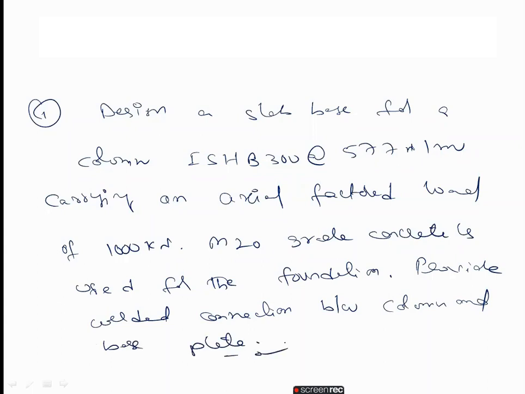So my dear students, if you observe this problem, we have to design a slab base for the column size. They have already given the designation, that is ISHB 300. Then the factored load is 1000 kilonewtons, they are using M20 grade concrete, and also providing welded connections between the column and base plate.